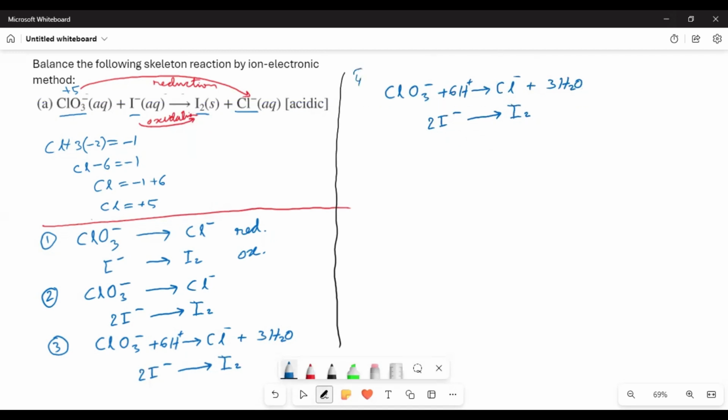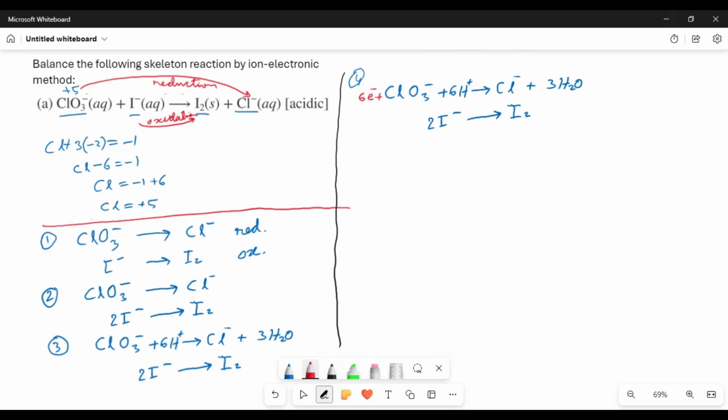The fourth step, we have to balance electrons. So one chlorine is accepting 6 electrons to become chloride. So definitely there would be addition of 6 electrons. On the left hand side, you will write 6 electrons.